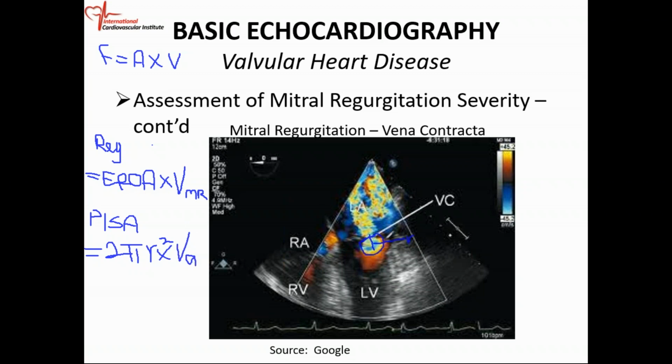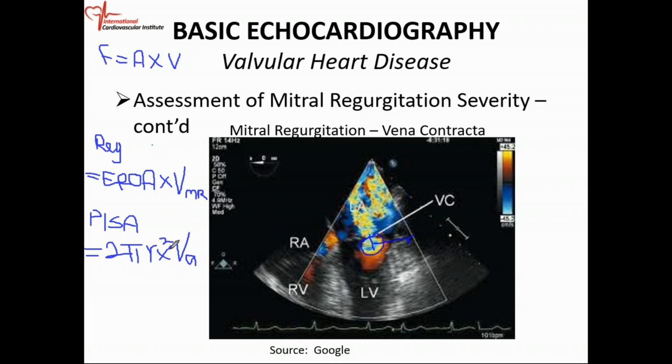Okay? Now, remember, you're going to set the aliasing velocity, you know that. When you adjust your aliasing velocity to get your nice hemisphere, you can measure the radius. So you know that. So you know everything right here. Pi is a fixed number, 3.14. And then you adjust the aliasing velocity to get your nice hemisphere and hence the radius, which you measure.